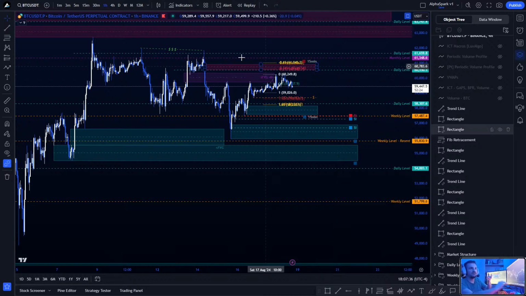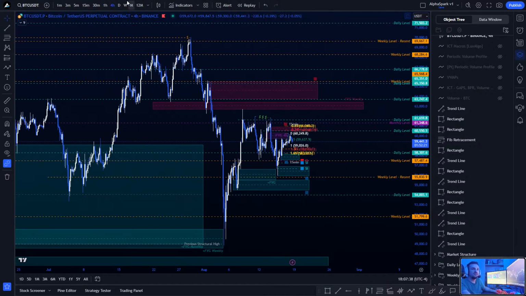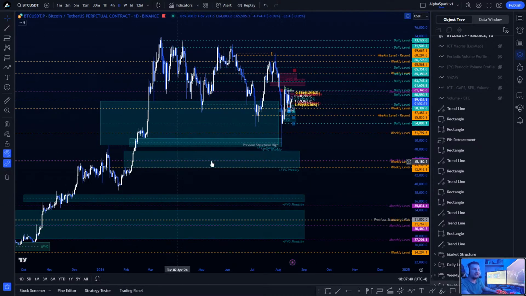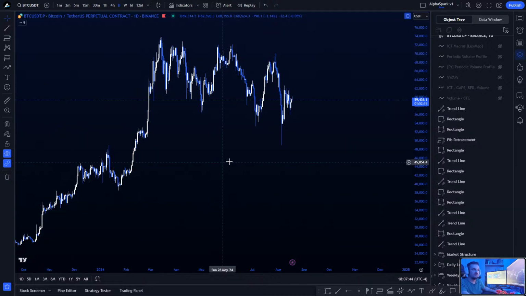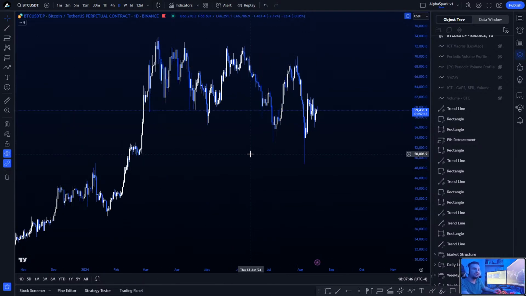I think it's a better chance, because if I hide everything that I did, what I think is we came up to here and we are now reacting at a simple order block. We are super bearish, we are ranging. I think we can go a little bit up but then fall, like maybe take out a high and then fall.